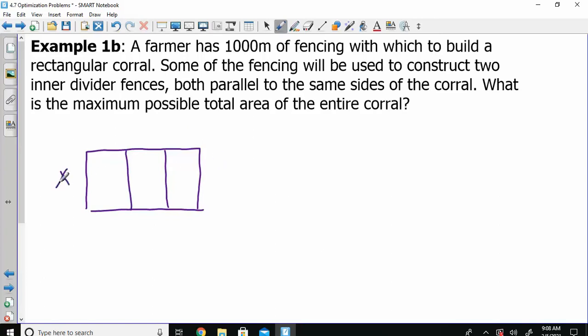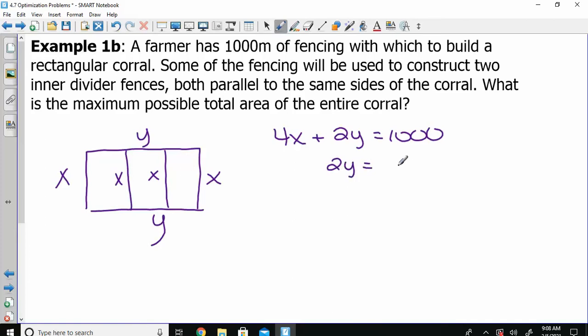So if I call this x and this y, both of these would also be an x. So if I add everything up, we have a 4x and a 2y to equal 1,000. So 2y equals 1,000 minus 4x, divide by 2, so y is 500 minus 2x.